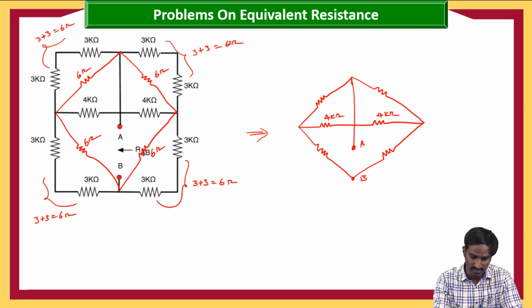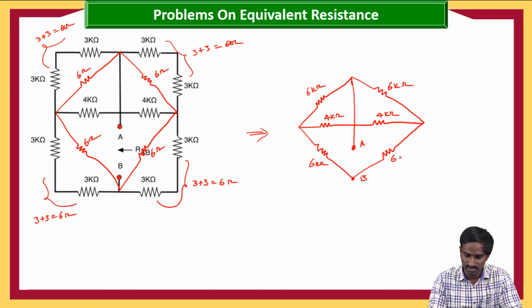Of course here it is K because 3 plus 3 kilo ohms, right? Then here it is 6 kilo ohms and here it is 6 kilo ohms and here also it is 6 kilo ohms and here also it is 6 kilo ohms. And here it is the terminal B.